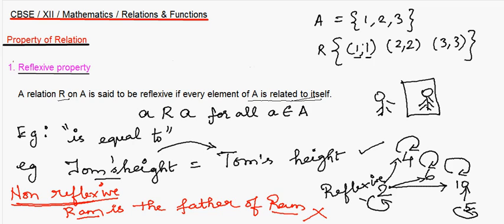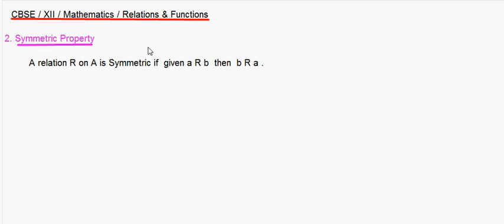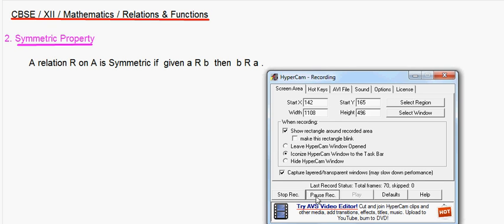Next, the second property is symmetric property. What do you mean by symmetric property? A relation R on A is symmetric if a is related to b, then b is also related to a.